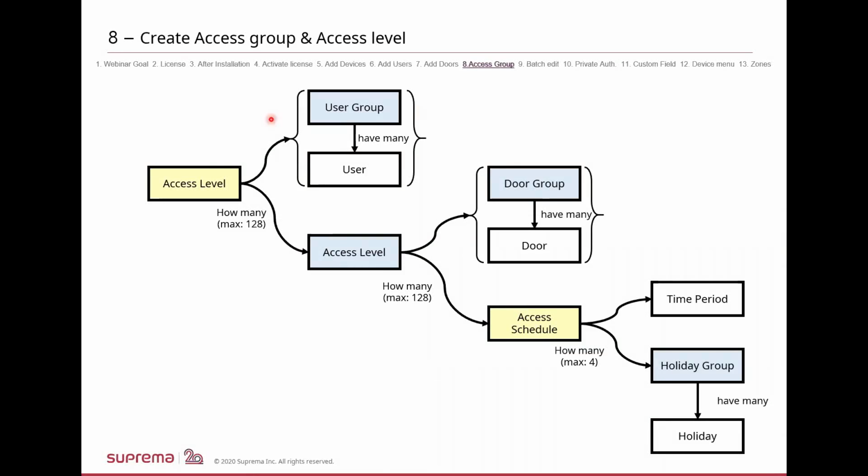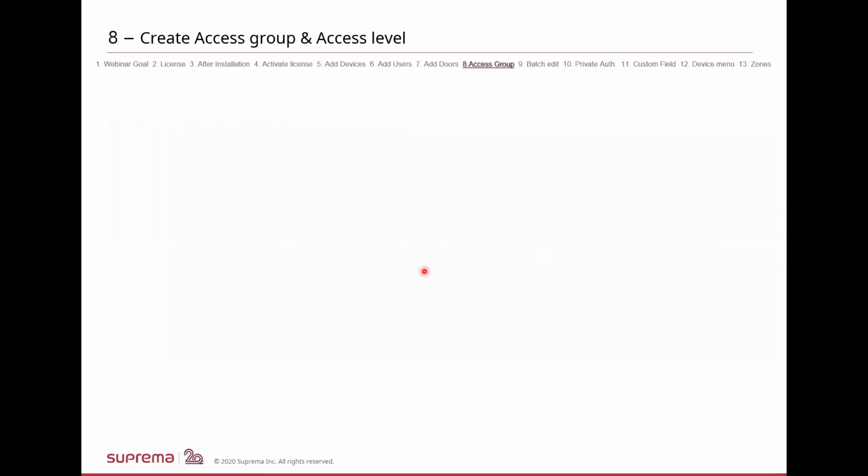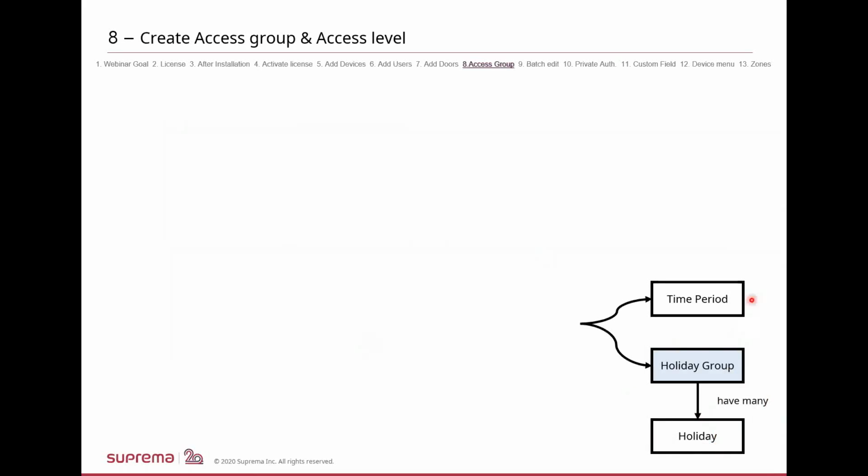Okay, this is a schematic of how it looks for our schema. So let me explain it slowly. We have a holiday group, which has many holidays. This is a holiday, and there is a time period.